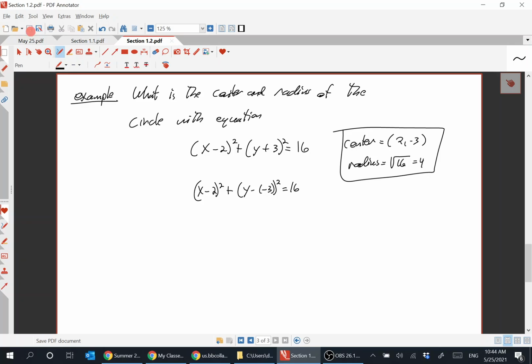All right, here's a nice algebraic trick. The following is an equation of a circle. Put it into standard form and then find its center and radius.